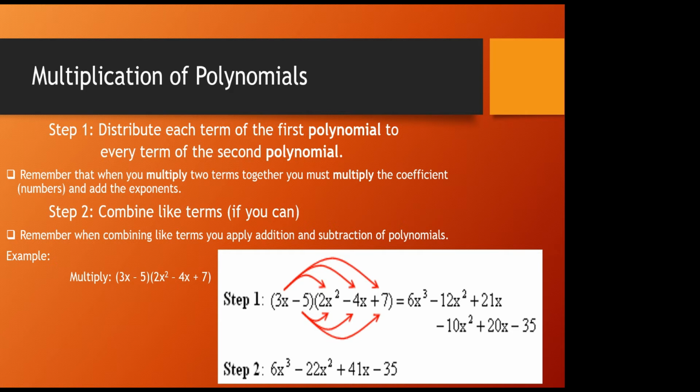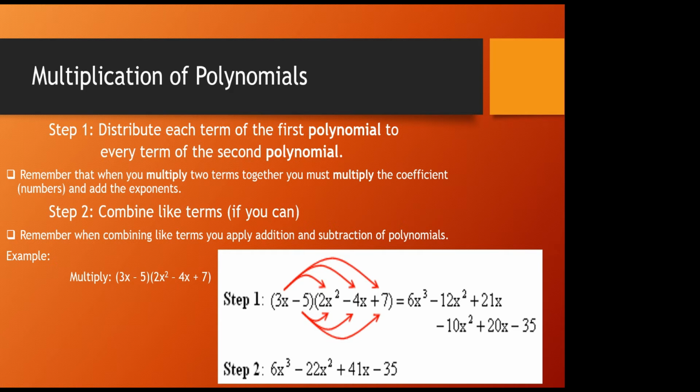So in this example, we will multiply 3x to 2x squared, which will give us 3 times 2 is 6, x cubed, because x has exponent 1, x squared has exponent 2, so 1 plus 2 is 3.